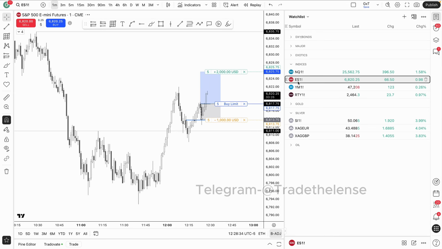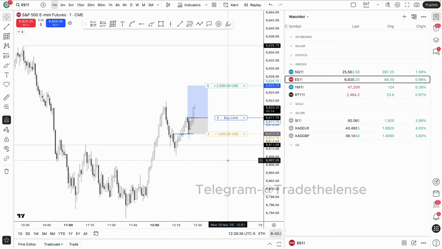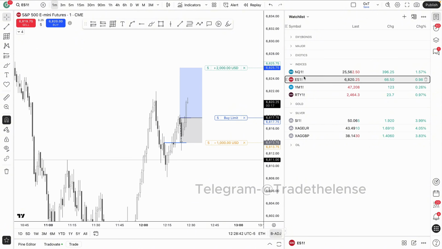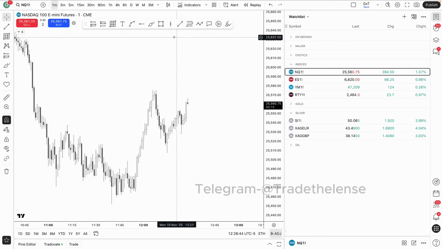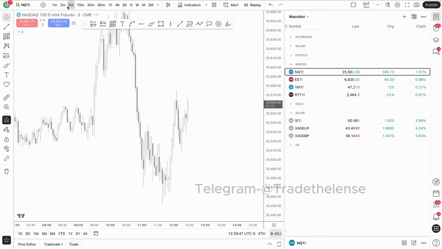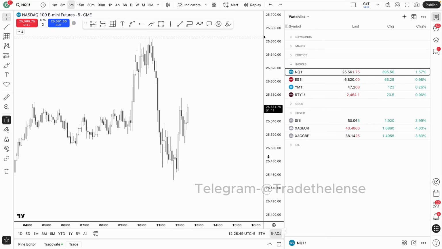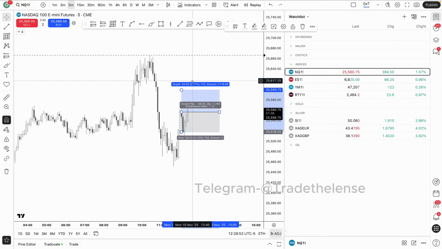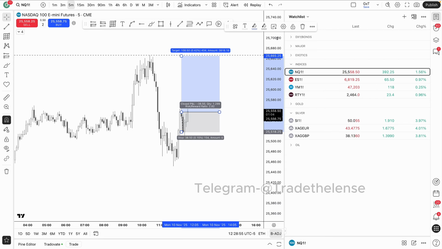NQ is now CSTing too. Honestly, NQ would be nice. I'm hoping it realigns to the strongest asset, because it is the strongest asset.